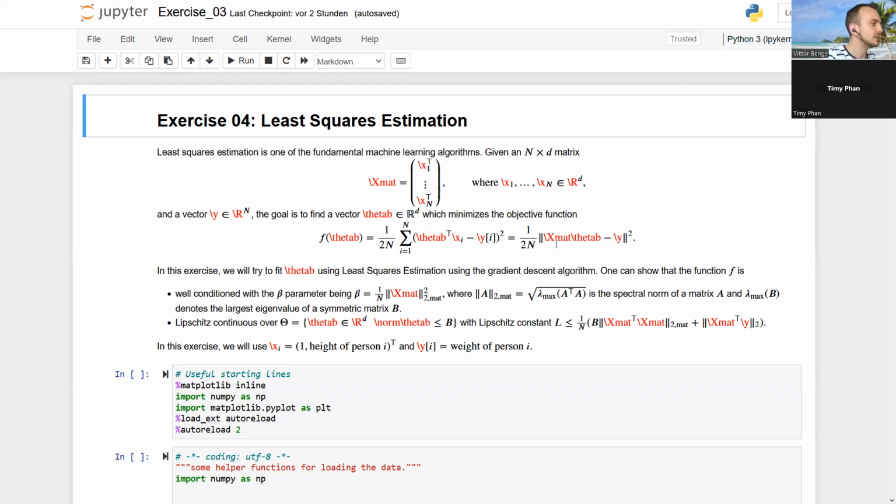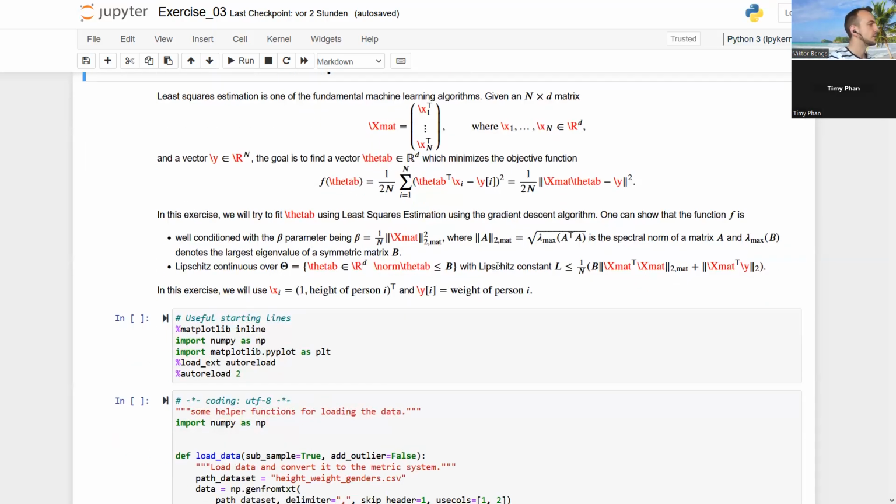We can also conveniently write it in the following way: we multiply the matrix storing our information with the parameter theta we want to find, subtract from that the y vector where all the target values are stored, and look at the squared Euclidean norm of this thing. And this is the so-called least square estimation objective.